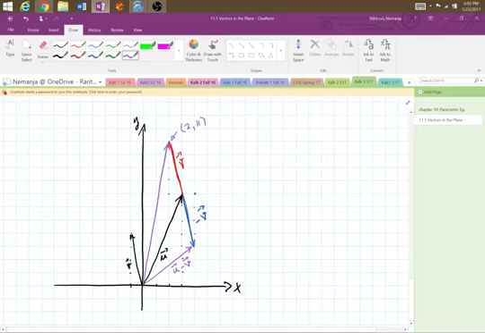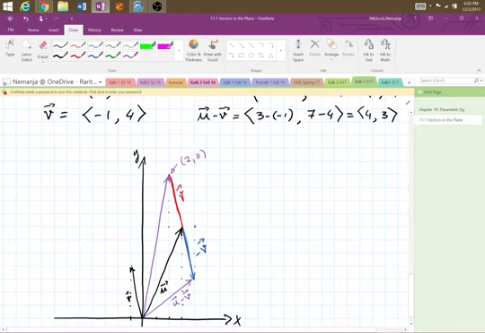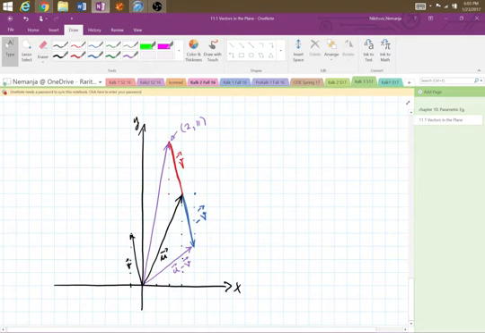And you can see clearly it's 4, 3, which is exactly what we had earlier. So as long as you are adding and subtracting these vectors component-wise, you will get the right answer, right? So we start with vector u. We either add or subtract vector v, and we get the new vector, which is the sum of the two. So this vector over here is u plus v.